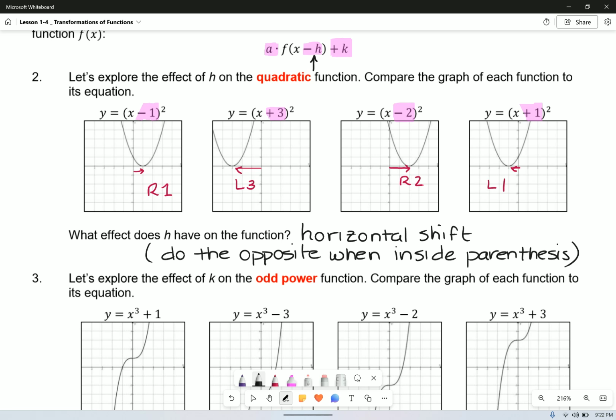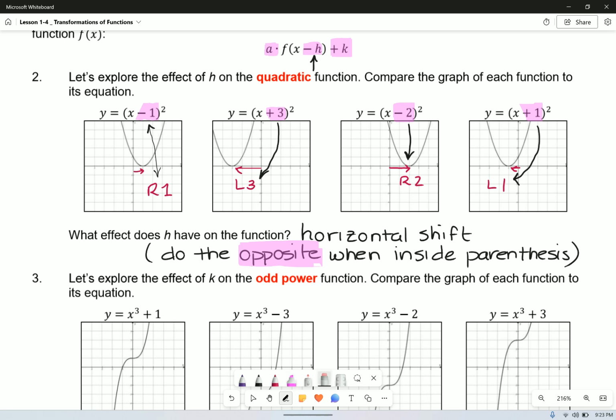So that makes sense here as to why we were seeing this right 1 when it was a -1. We saw a left 3, even though it was a +3 up there. -2 told us to go right 2, and +1 told us to go left 1. So for horizontal shift, I want you to always do the opposite of what's inside the parentheses.